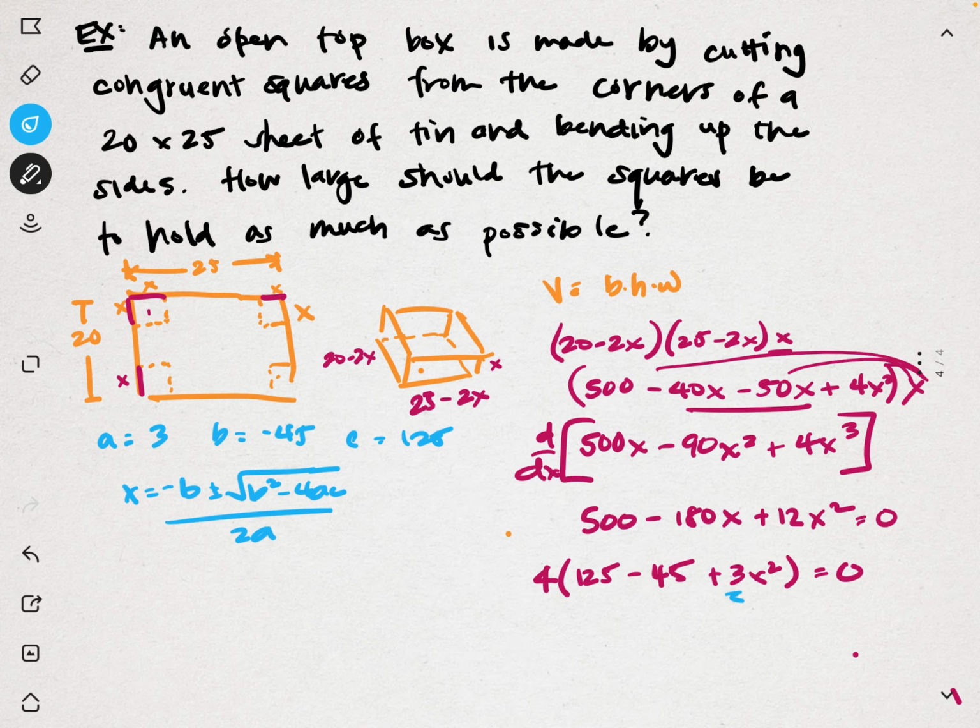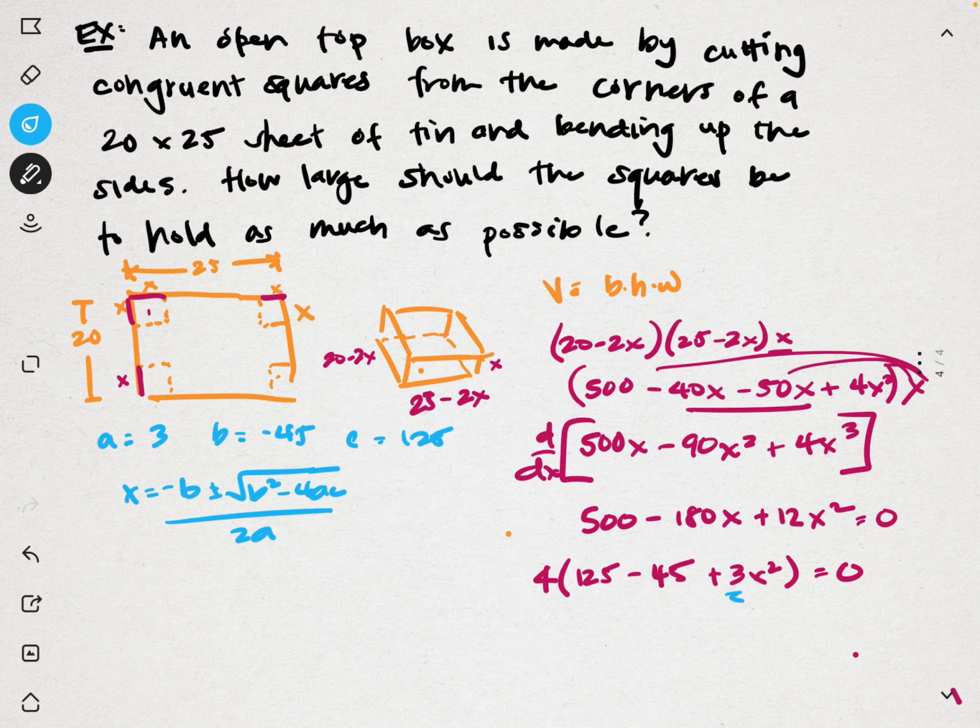So we have 45 plus square root of 45 squared minus 4 times 3 times 125, and then divided by 2 times a, which is 6. That gives us 11.31, which I think is too big. Yeah, so let's try the other one. So let's try the minus.